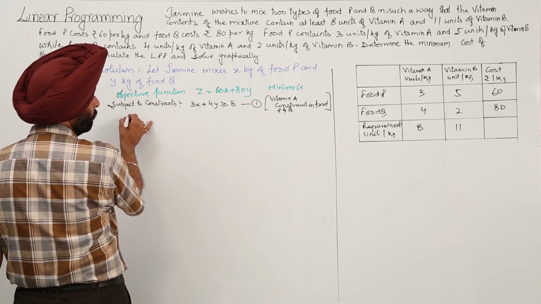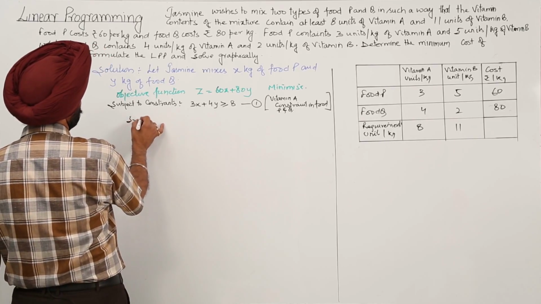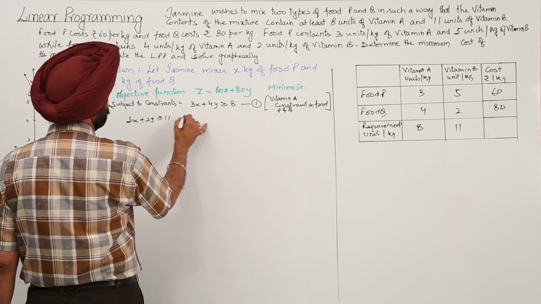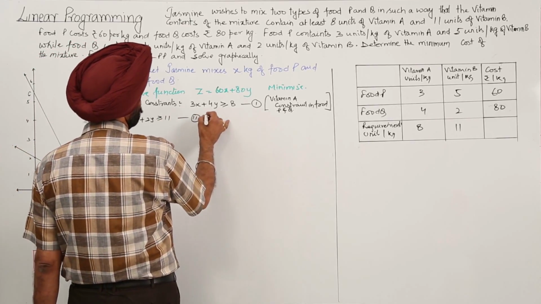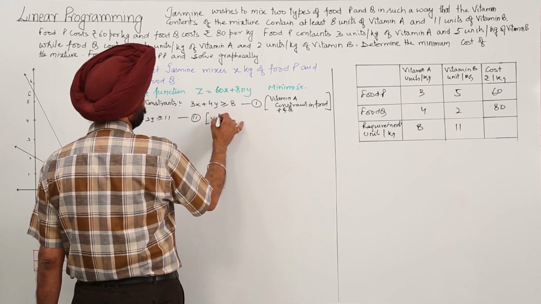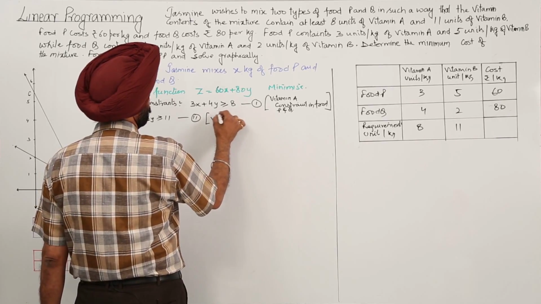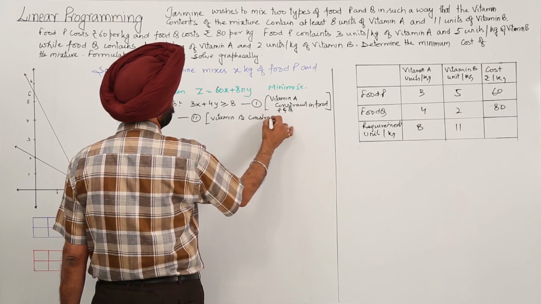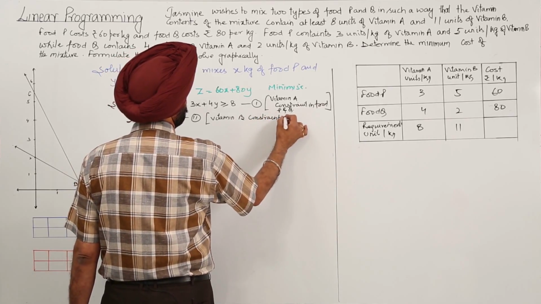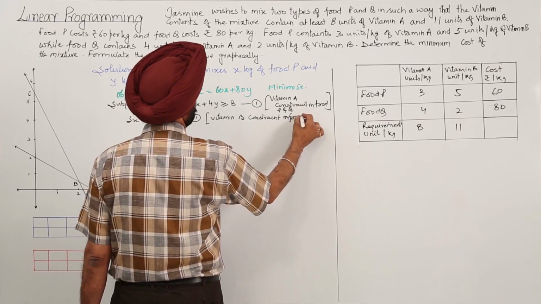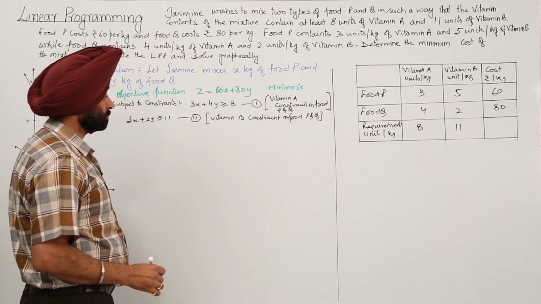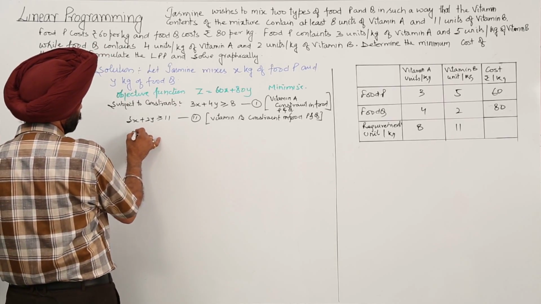Then we are having 5x plus 2y is greater than or equal to 11. Equation number 2. Vitamin B constraint in food P and Q.